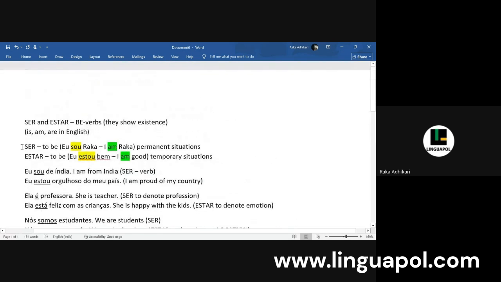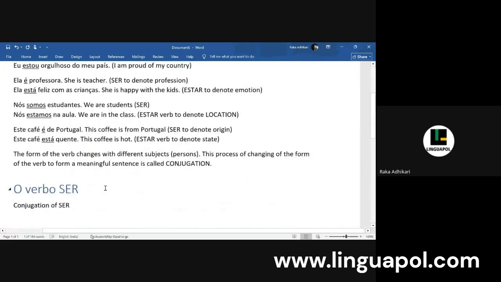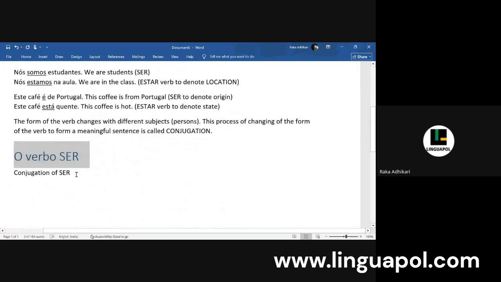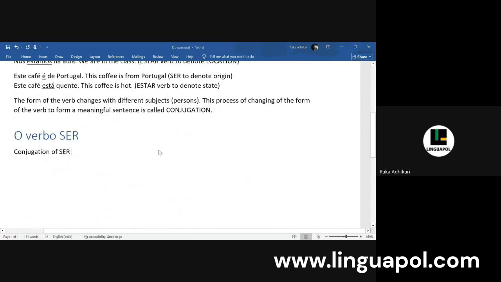We were talking about two verbs, right? Ser and estar. Let's take up the ser verb and understand everything there is to understand about it. First we will look at the conjugation, because unless we learn the conjugation, we don't know how to use it in sentences. So let us first look at the conjugation of the ser verb.